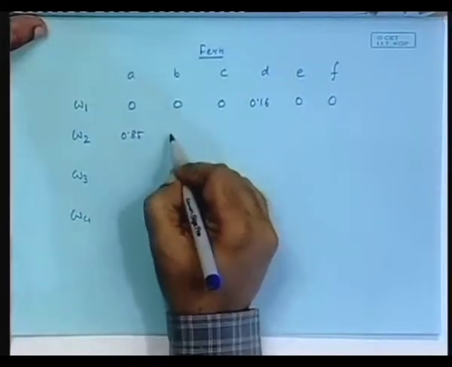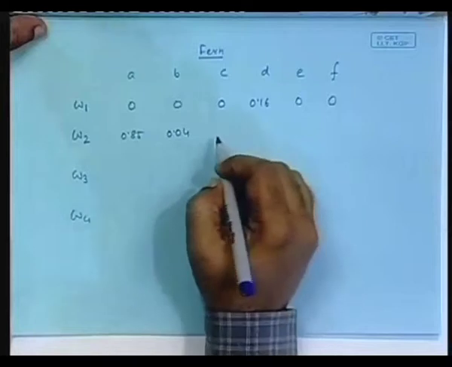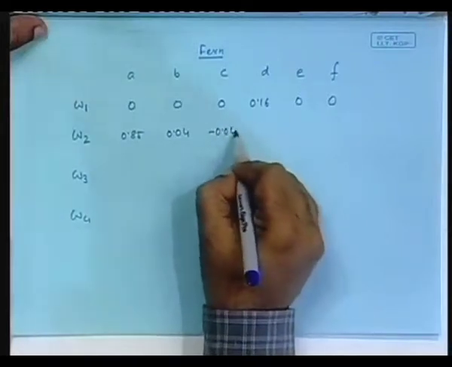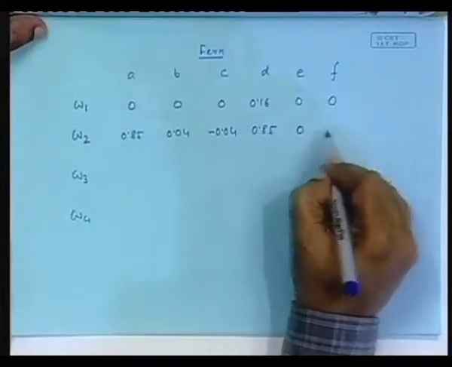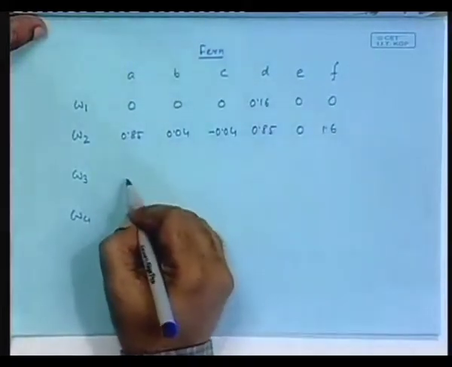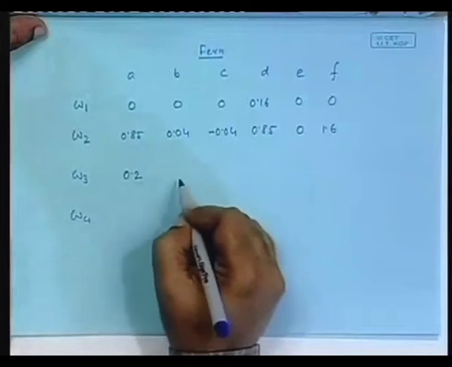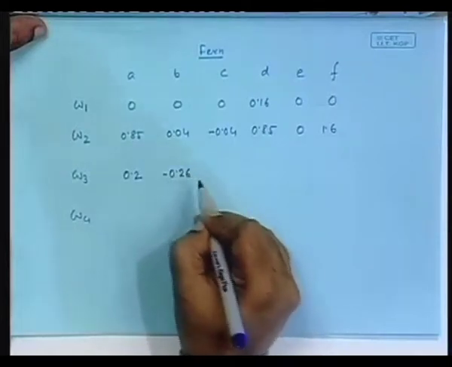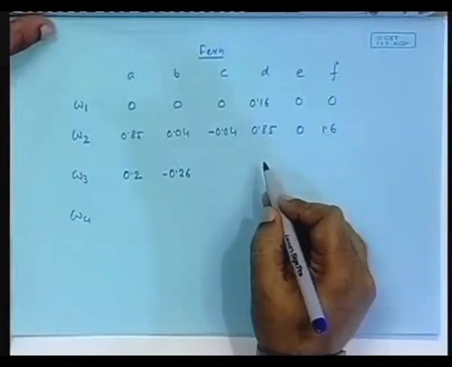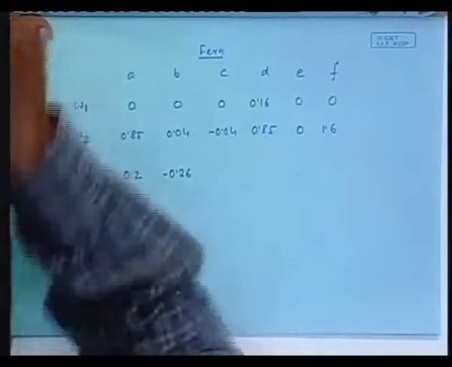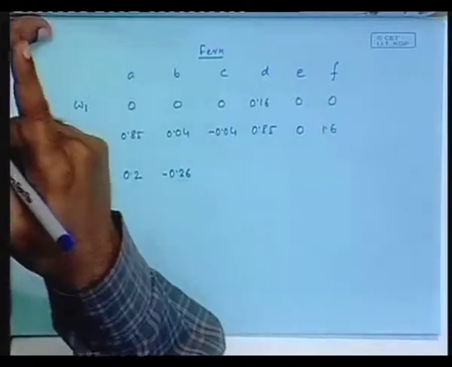Then 0.85, 0.04, minus 0.04, 0.85, 0, 1.6. Then 0.2, minus 0.26. You might wonder who gave these numbers. Well, at the end of the day, you will be able to generate these numbers.